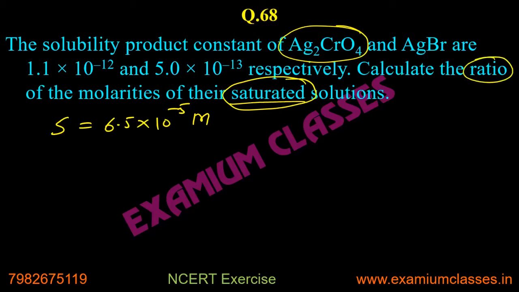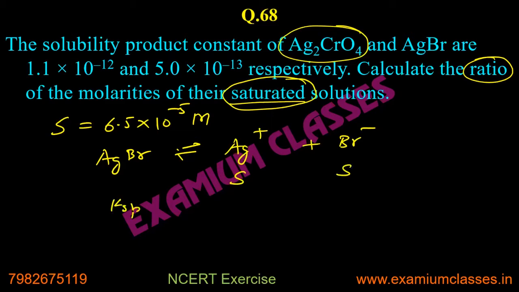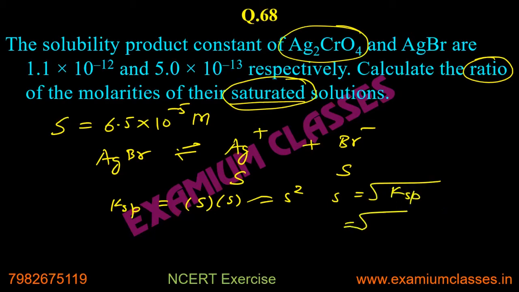AgBr will give you Ag+ and Br-, that is S and S. So Ksp will be S multiplied by S, that is S square. S square equals Ksp, means S will be the square root of Ksp, that is the square root of 5 into 10 to the power minus 13. Okay.